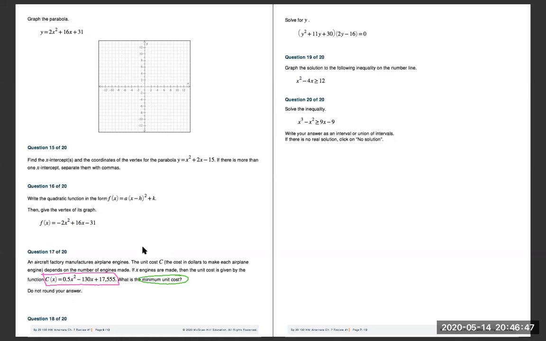One thing I want to make note of here is that you're asked for a minimum unit cost. The minimum part refers to the vertex. Notice that in pink, we have a quadratic function.